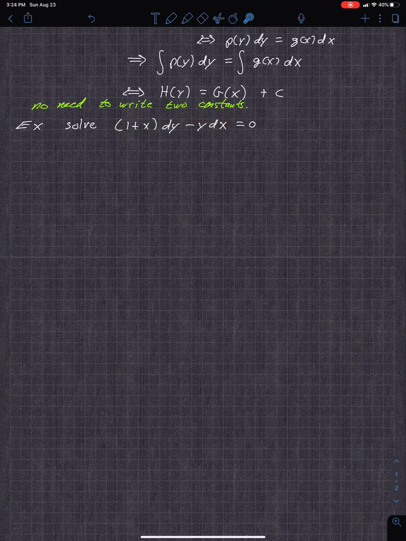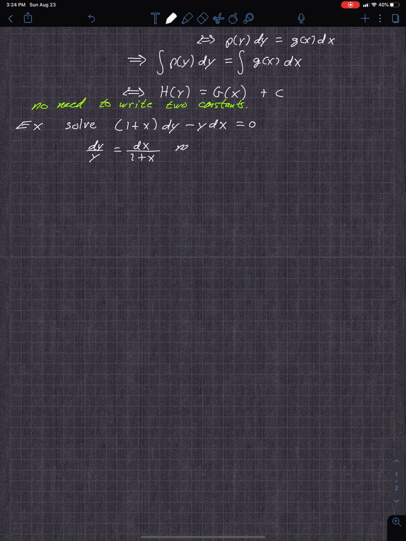You have to manipulate this and get it all on the correct side. So what we can do first is bring this over and then divide by the y, but I'm going to flip it. With a little bit of manipulation, you get dy over y equal to dx over 1 plus x.